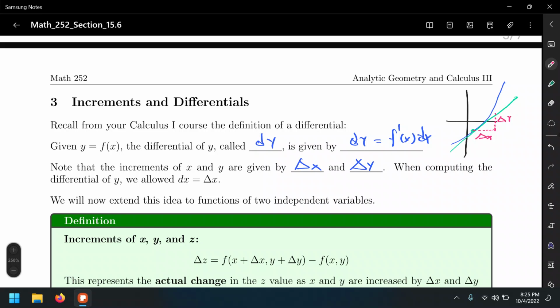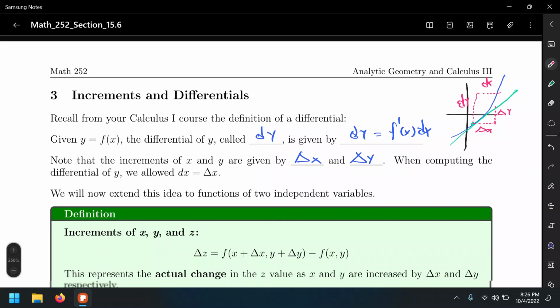However, on the function, it's really not that same value. The dx is pretty close to delta x, while dy, notice the difference between the actual delta y and dy, but it's kind of close to the value. That's why we allowed dx to equal delta x.